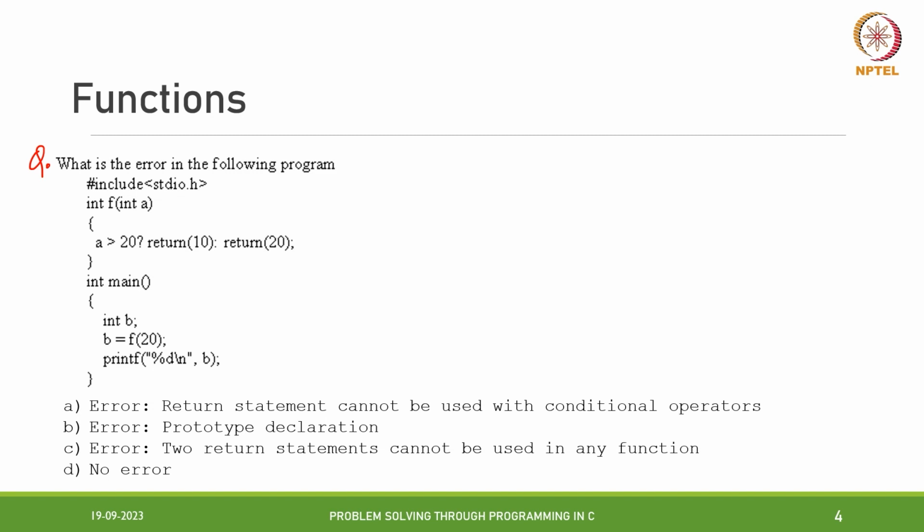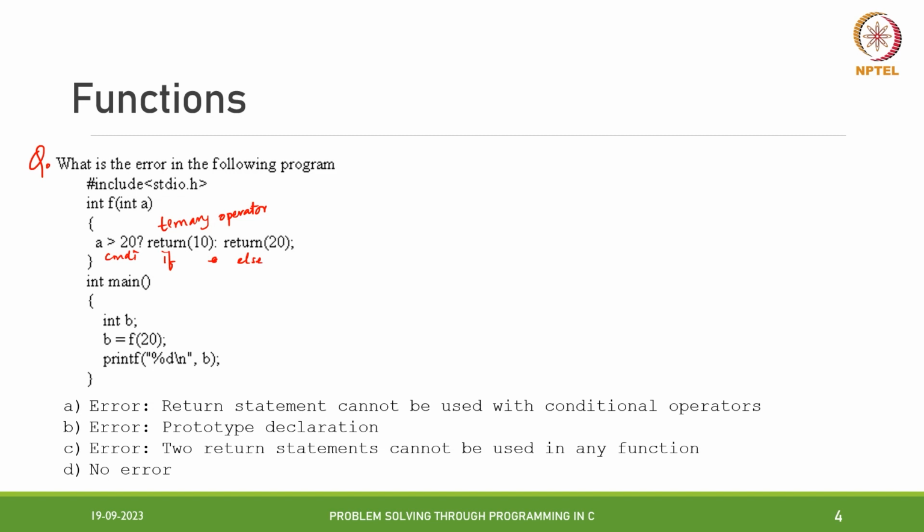If you remember, this is a ternary operator, that means it operates on 3 operands. The first is the condition, a greater than 20. The second is return 10. The third is return 20. So this is the if part, this is the else part, and this is the condition.